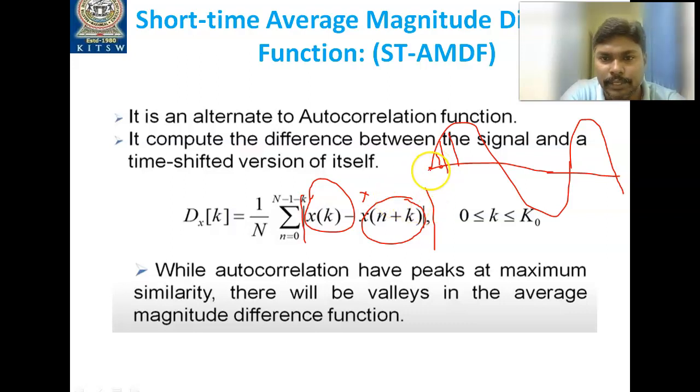When you take k equal to 1, x of n plus k, you take the subtraction between this sample and this sample, and similarly for the next pairs of samples.